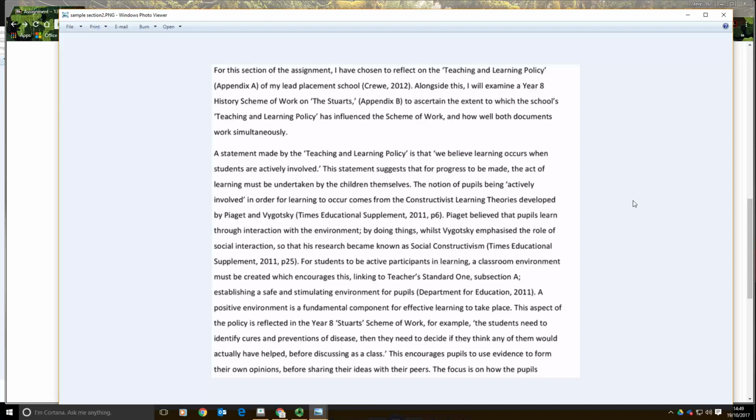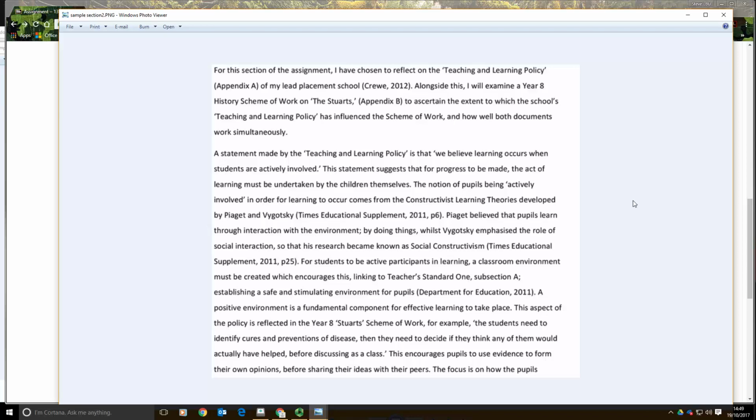And then she's bringing an argument together that means that the teaching and learning policy is well aligned to the particular planning document. And maybe she might go on to highlight a particular issue that could be addressed going forward. In this section, I haven't picked that bit up, but you can see how she's set the scene and then focused on something specific and then pulled the two together and said how one aligns with the other.